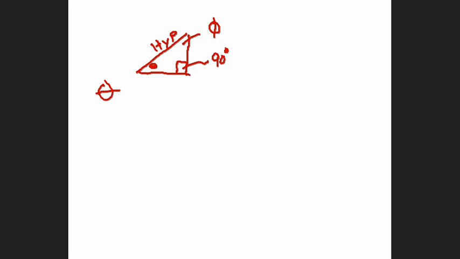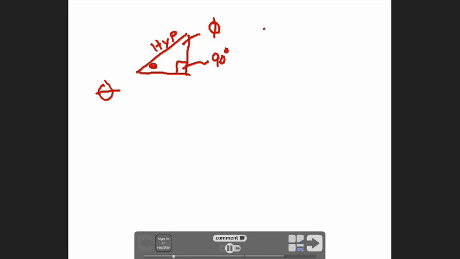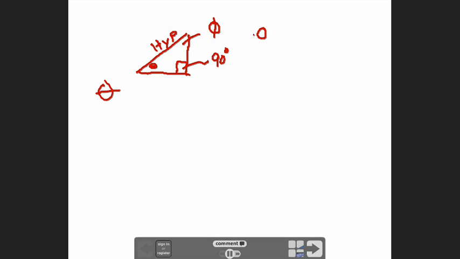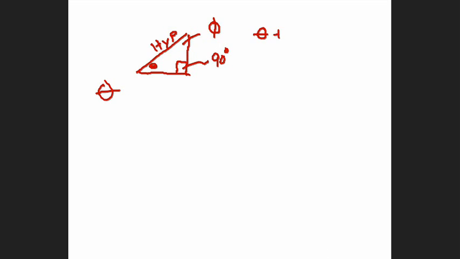Well, all together, if I add up all these angles, this plus this plus the 90 we already have down here always equals 180 degrees. That's the first thing you got to know. Always equal to 180.